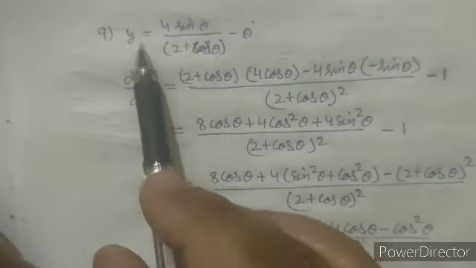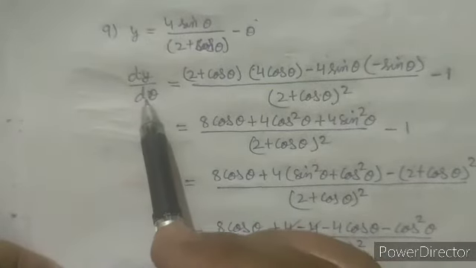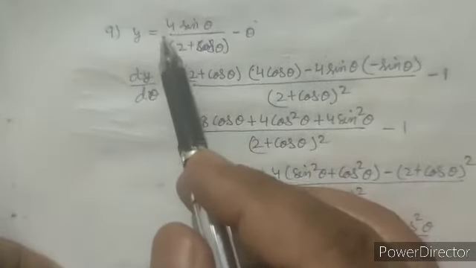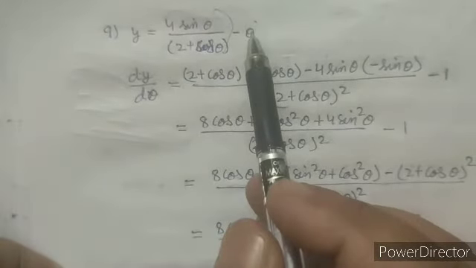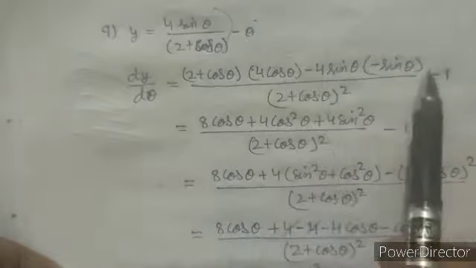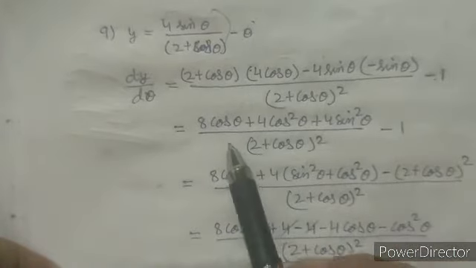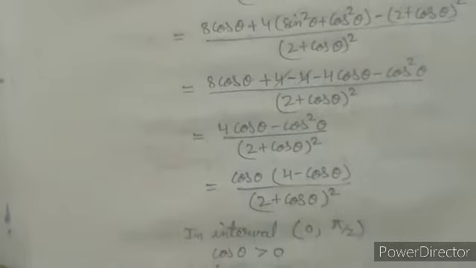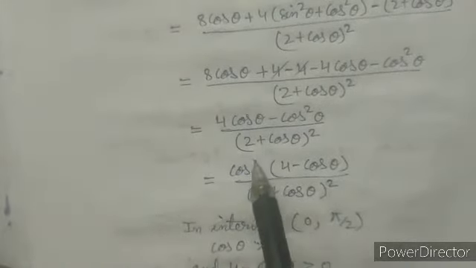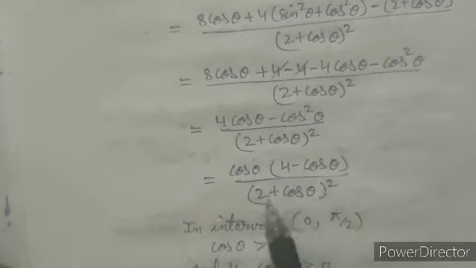On differentiating with respect to theta, dy by d theta will be, in the first part we will apply the division rule, and d by d theta of theta will be equal to 1. Now on solving this, we get dy by d theta as cos theta (4 minus cos theta) upon (2 plus cos theta) whole square.